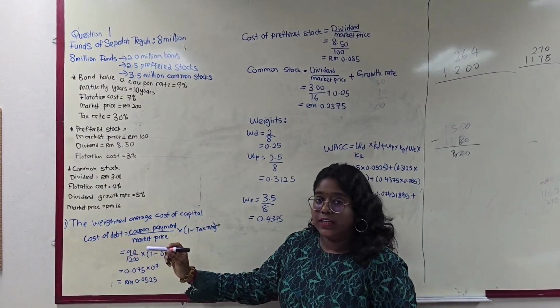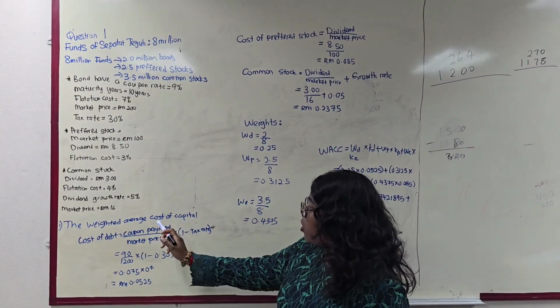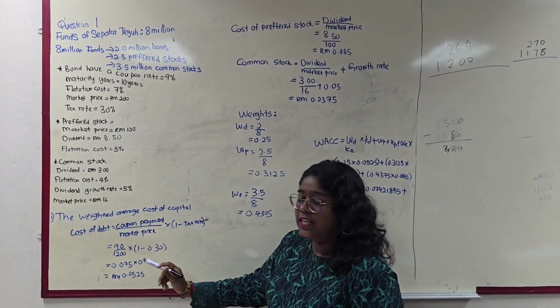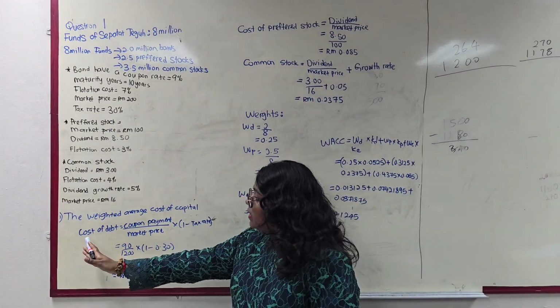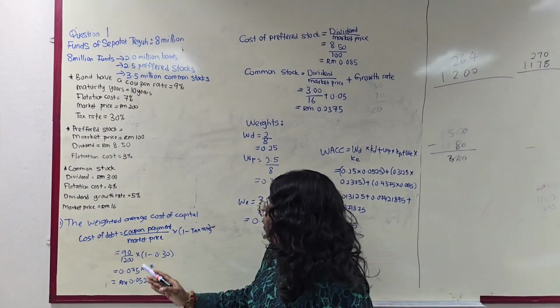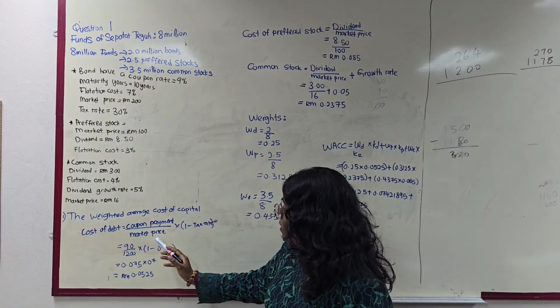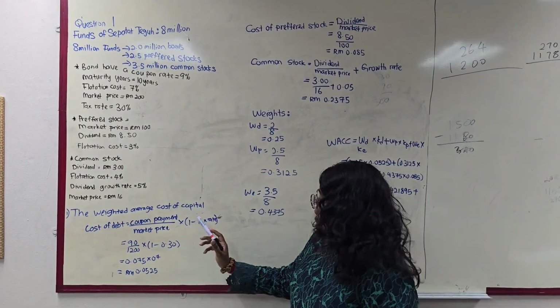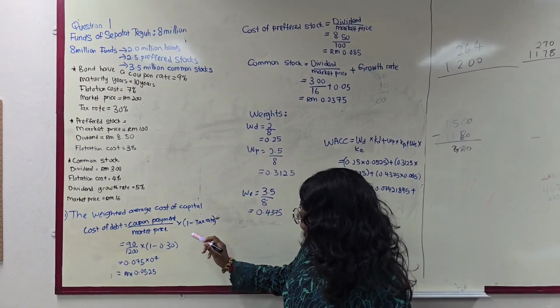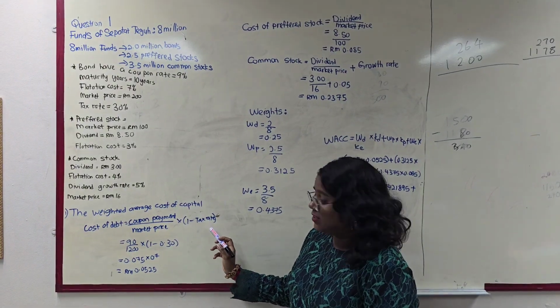So in order to calculate the weighted average cost of capital, which is WACC, we begin with calculating the cost of debt. The formula for the cost of debt is coupon payment divided by market price, times in bracket 1 minus tax rate.